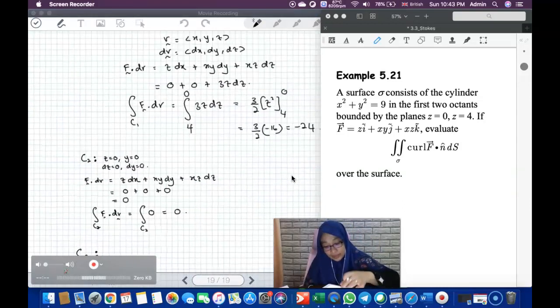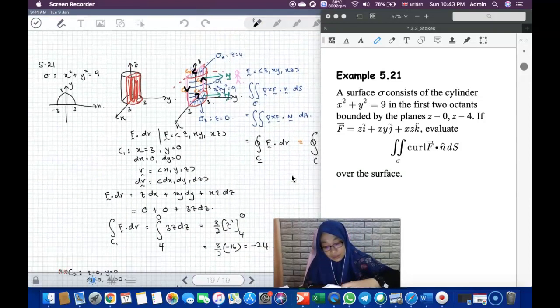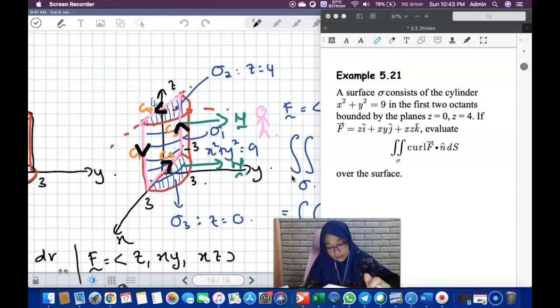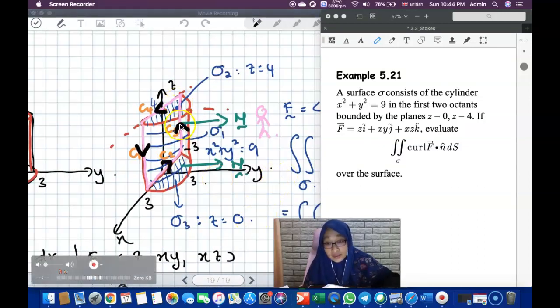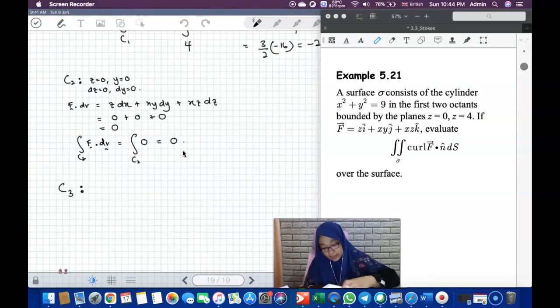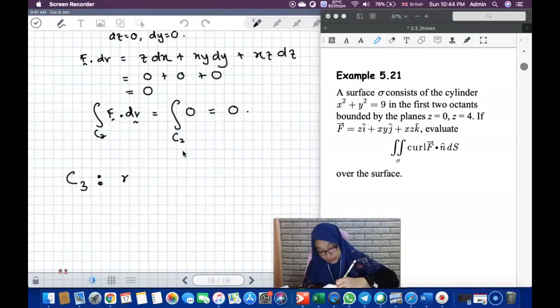On C3, the curve here is lying on x equal to minus 3, so the equation there is x equal to minus 3. What else can you say there?